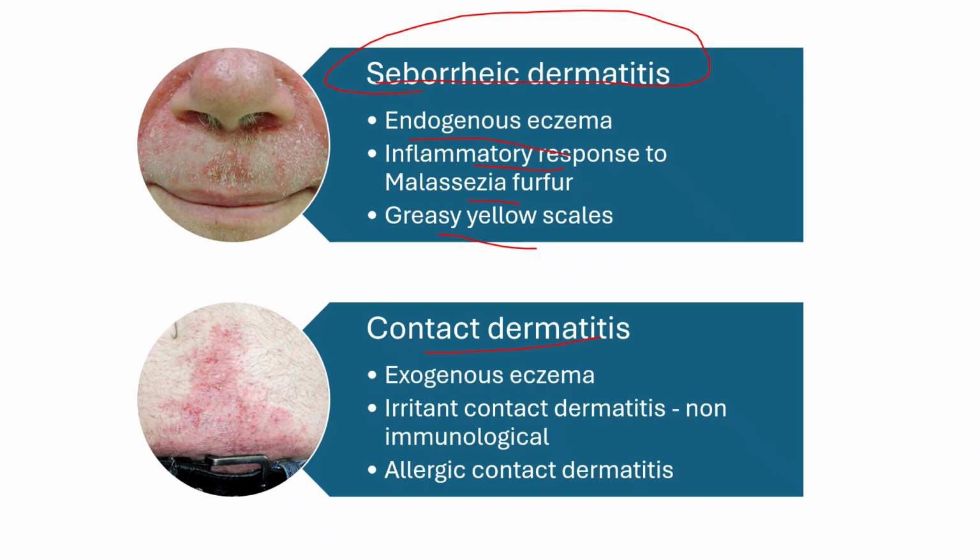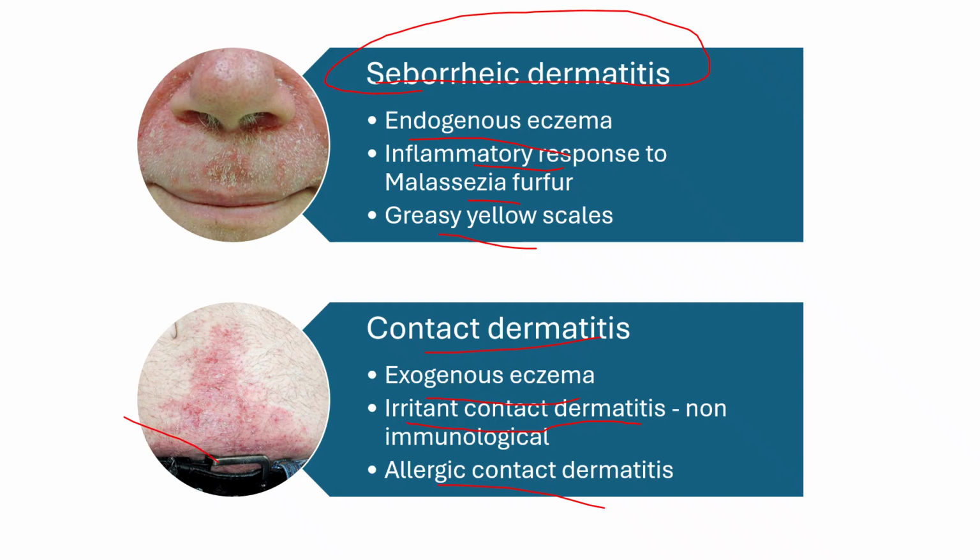While contact dermatitis is a type of exogenous eczema, which is a type 4 hypersensitivity reaction, as we have discussed, it is due to an irritant. It can be an irritant contact dermatitis or allergic contact dermatitis. Allergic contact dermatitis is the immune-mediated hypersensitivity, which is type 4. Irritant contact dermatitis can be non-immunological.